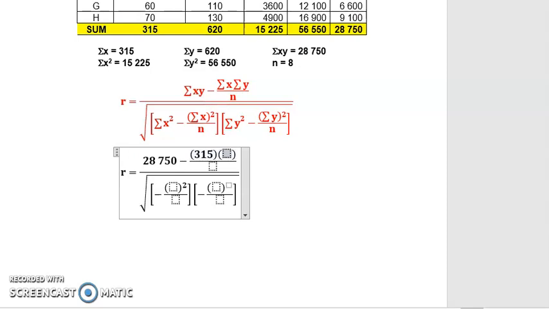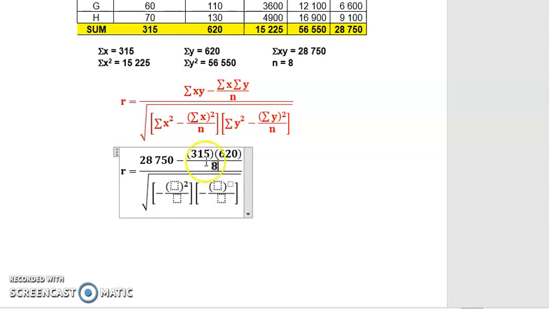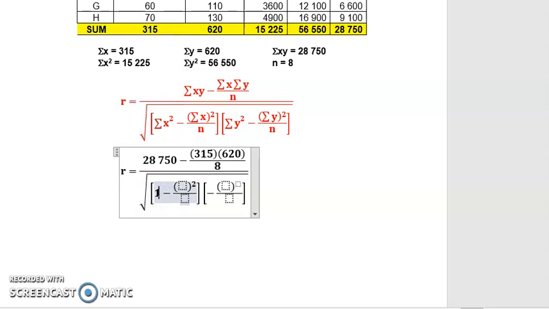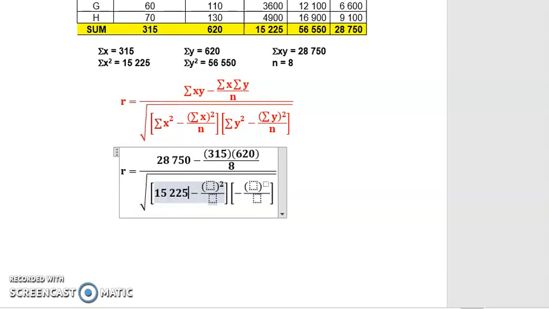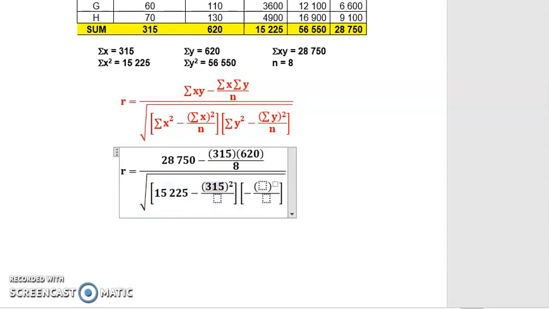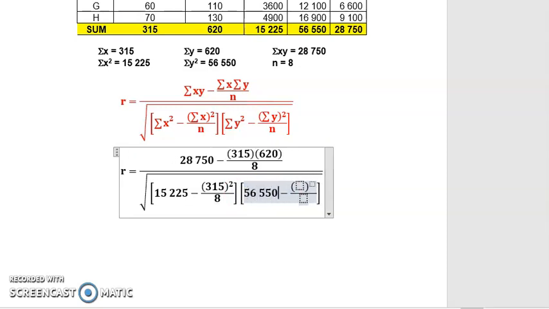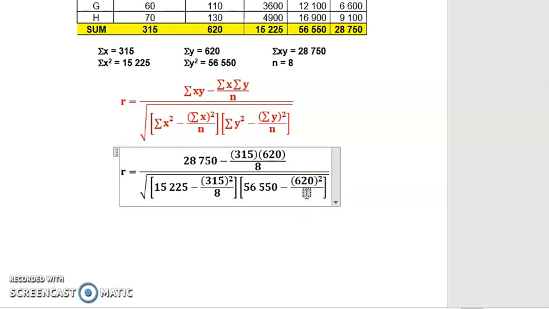Summation of y is 620. N equal to 8, divided by square root of summation of x square, which is 15,225 minus summation of x, 315 square, divided by 8, multiplied by summation of y square, 56,550 minus summation of y, 620 square, divided by n.